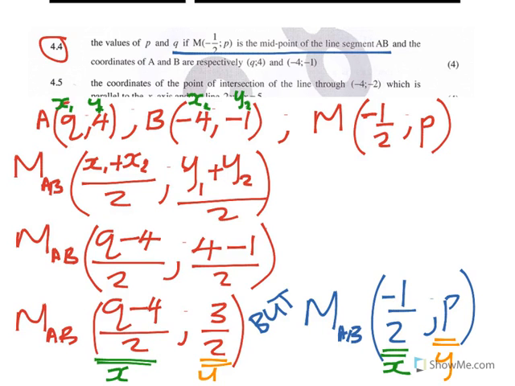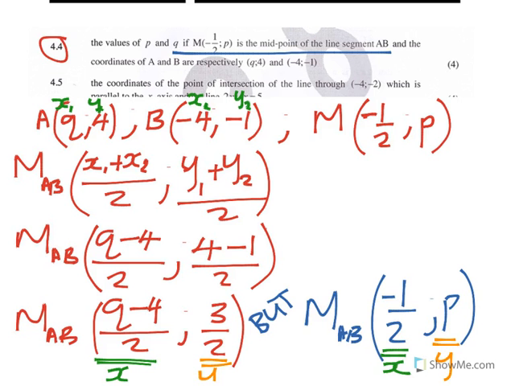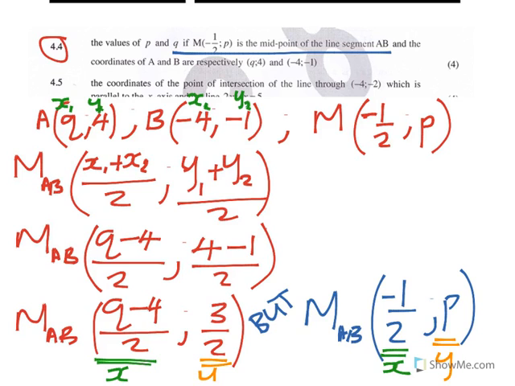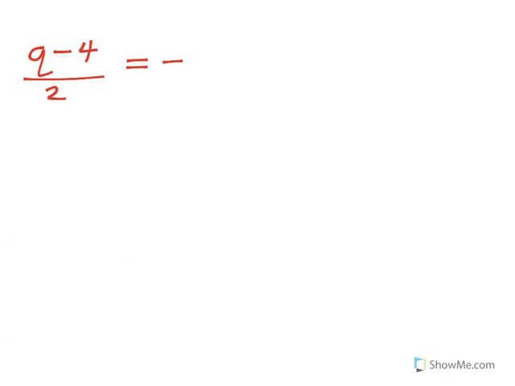So now let's take it further. It will now become, if I do it back, Q minus 4 over 2 is equal to minus half. That's what you are having. So you will have Q minus 4 over 2, which was the value of X, is equal to the other value of X, which is minus 1 over 2. Now, you can cross multiply, you can do whatever. This is algebra, but it's allowed to cancel because they are the same denominator.